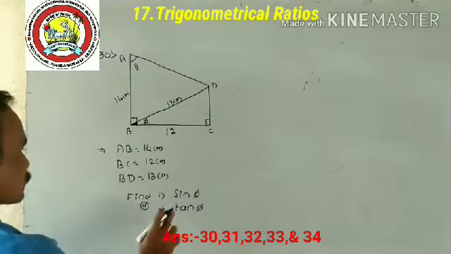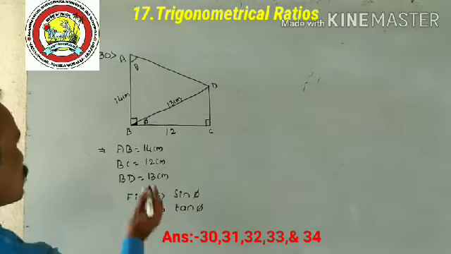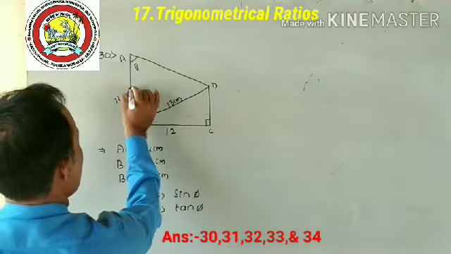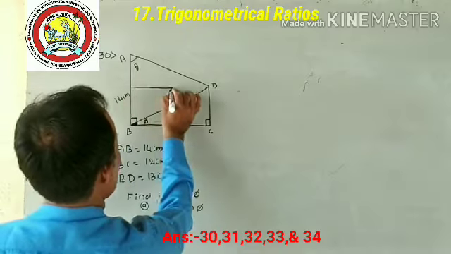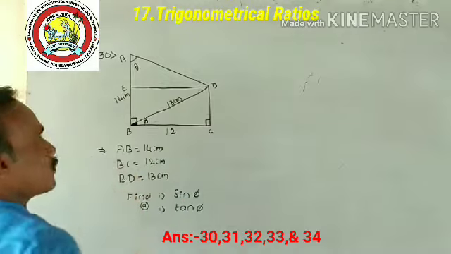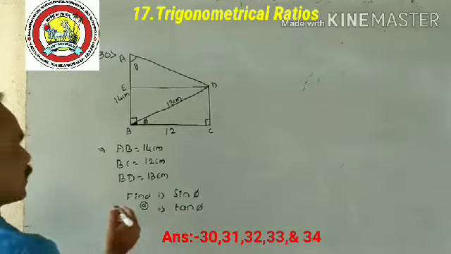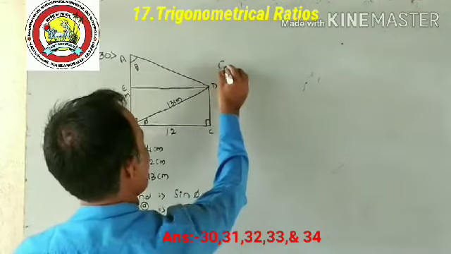So to find the value of sin phi and tan phi, first we have to draw a simple construction, completing the figure in the form of a right angle triangle.